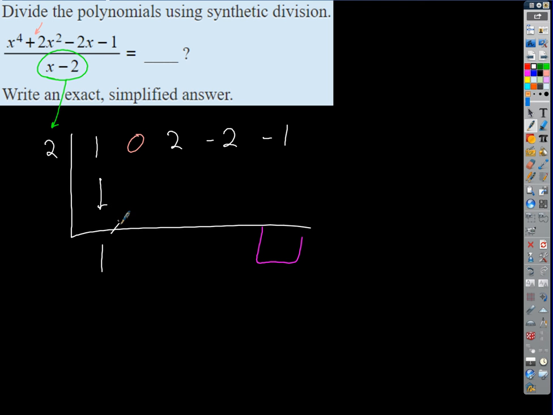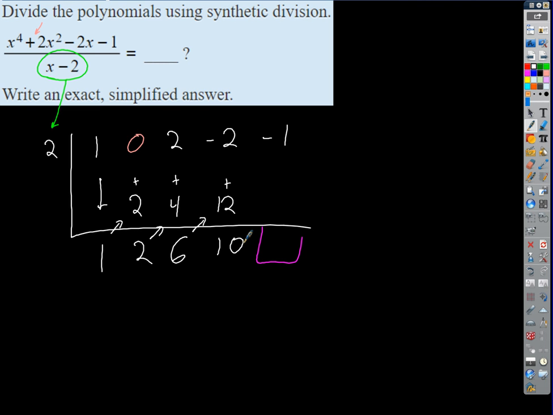Multiply outside, I get 2. I add. Okay, get 2, right? Now what? Multiply by 2, you get 4, I add. You get a 6. So I get a 6 on the bottom. This is nice. 6 times 2 is 12, right? Add them up, and I get 10.